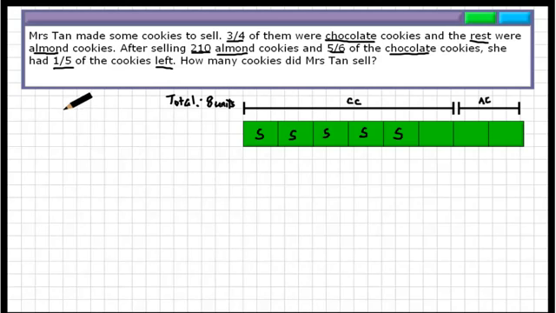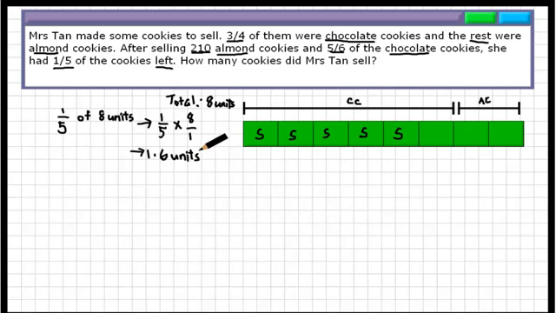So for the unsold cookies, we have 1/5. And 1/5 of 8 units, which is the total number of units for all the cookies, we will therefore get 1/5 times 8/1, and this would give us 1.6 units.